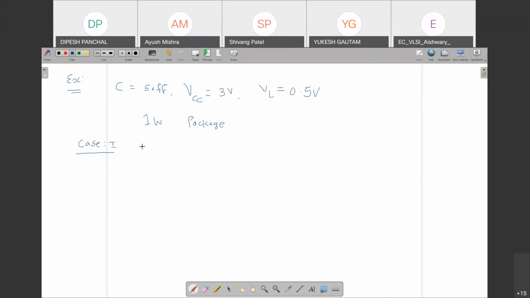First case, let's say I define the delay, which is 100 picosecond. I'm designing a very high speed circuit whose delay is 100 picosecond. Can you calculate the power dissipation per gate?